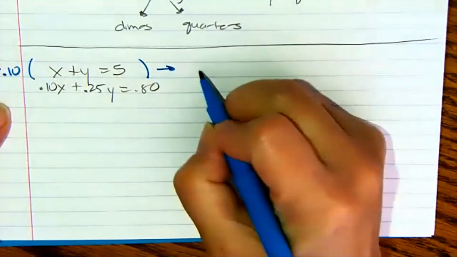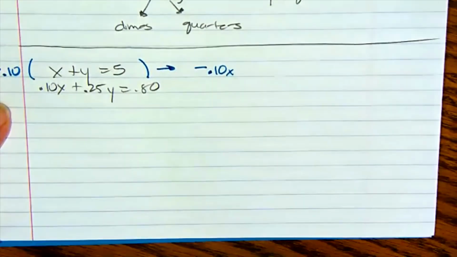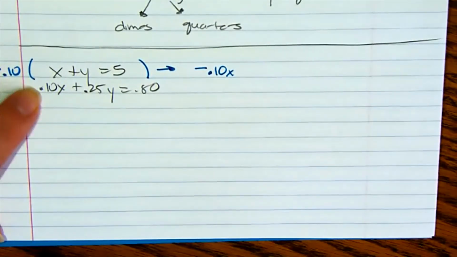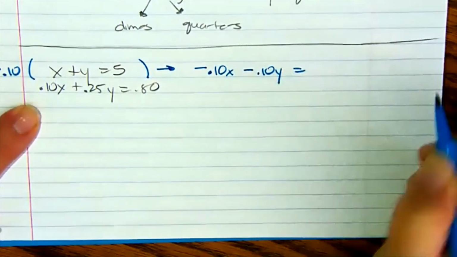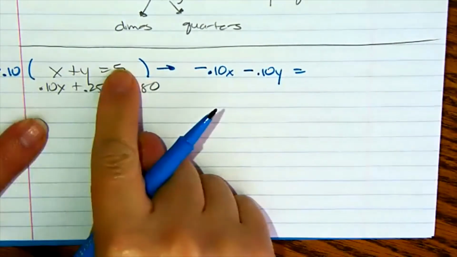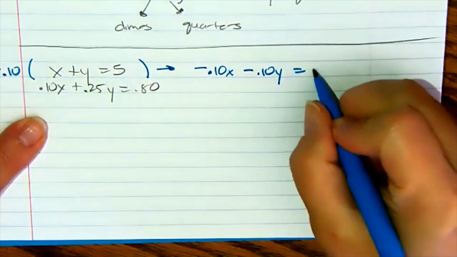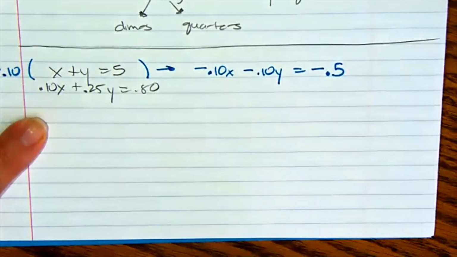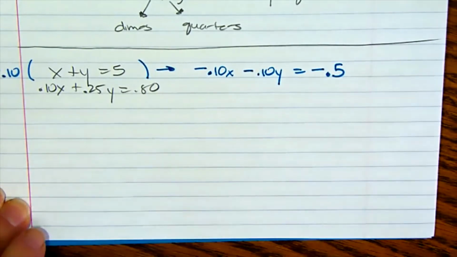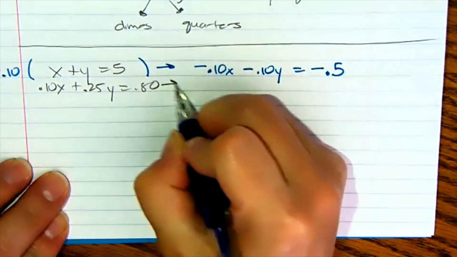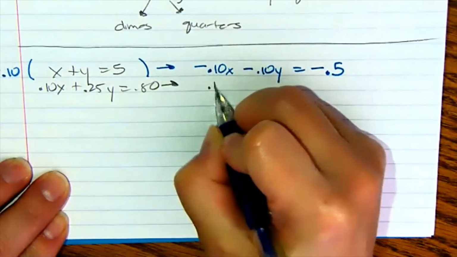Negative 0.10 times x is negative 0.10x. Negative 0.10 times y is negative 0.10y. And negative 0.10 times 5 is negative 0.5. Okay? And then this equation will come straight across.